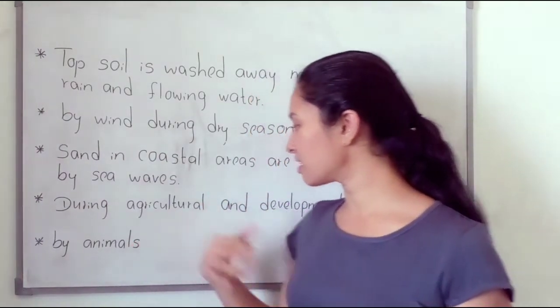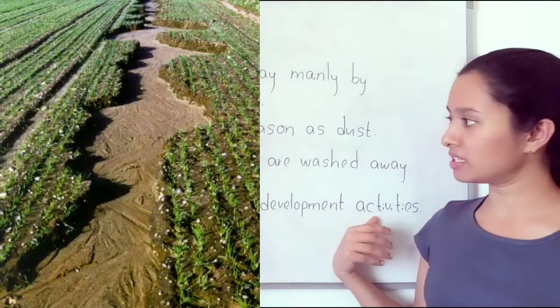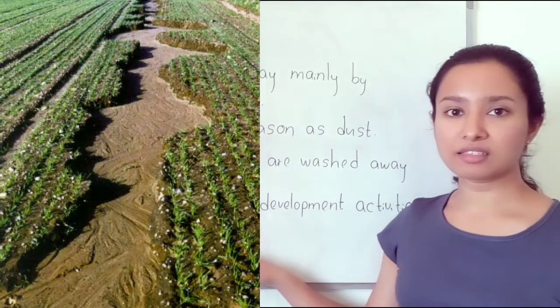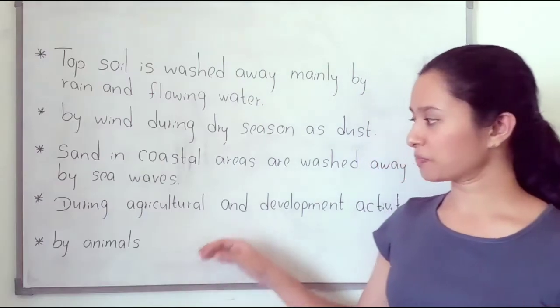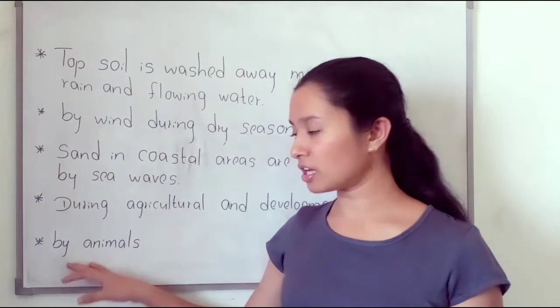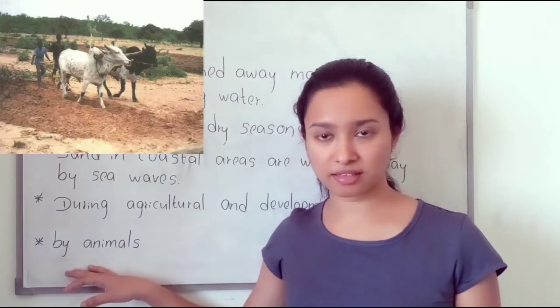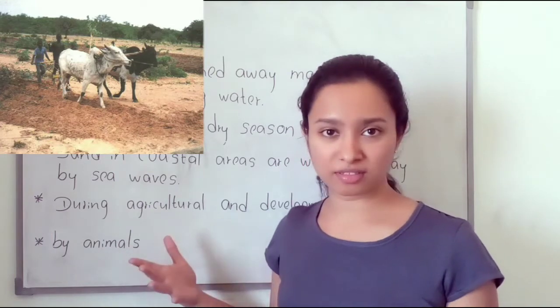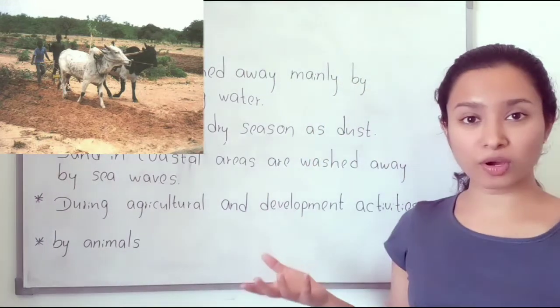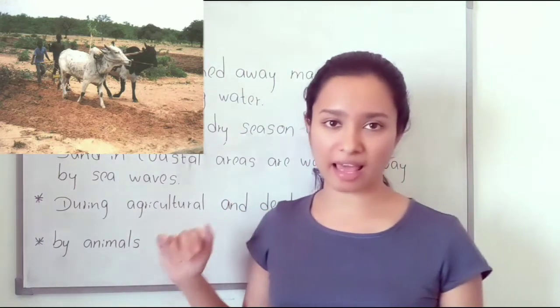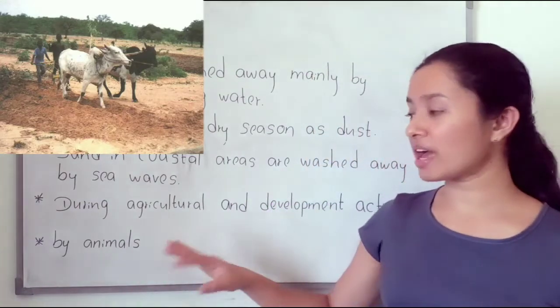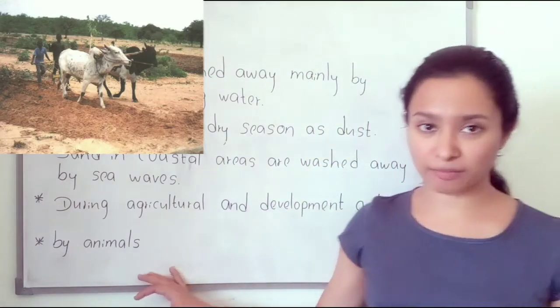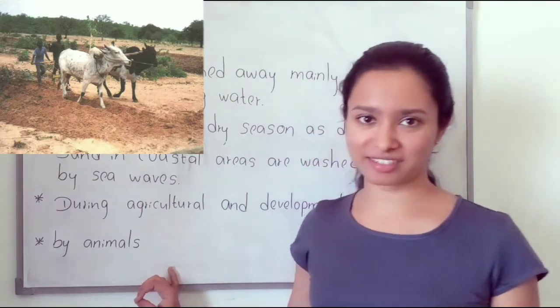And during agriculture and development activities, soil is mostly eroded. And last one, the animals. Removal of the soil because of the legs, hooves and horns of animals. This is also a type of soil erosion.